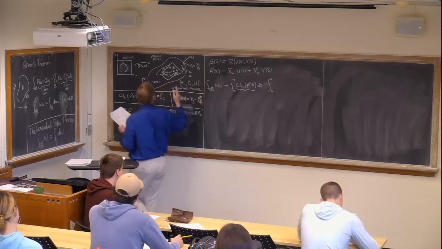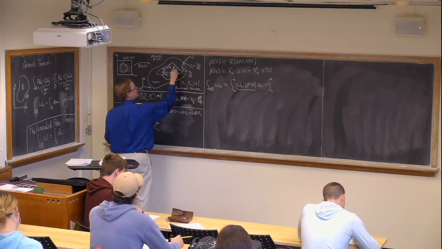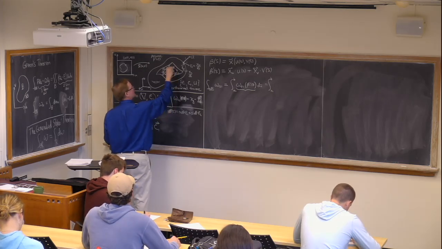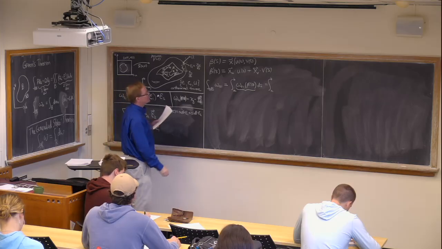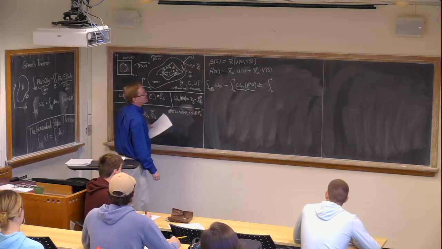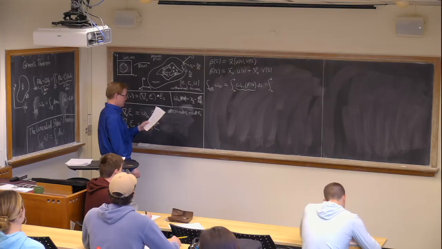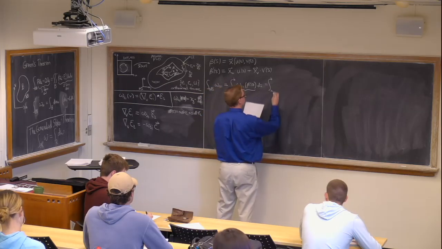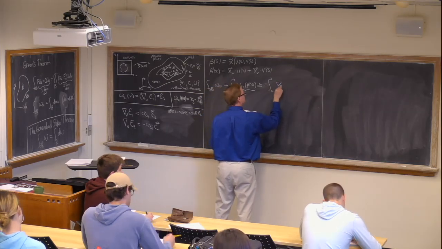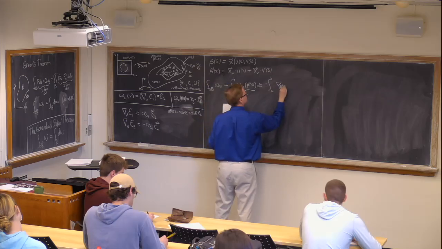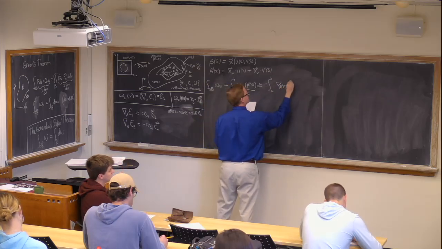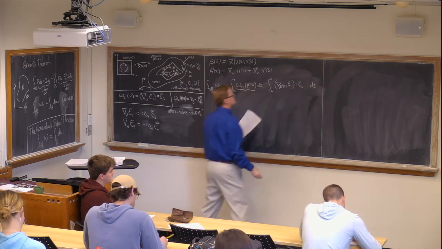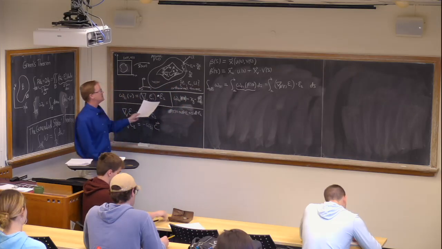Just to remember what a and b are, it's the beginning and the ending point. S equals a is the beginning and s equals b is the end. And so it's the covariant derivative in the beta prime direction, beta prime of s, of E1, dot product E2. That's the definition right here.